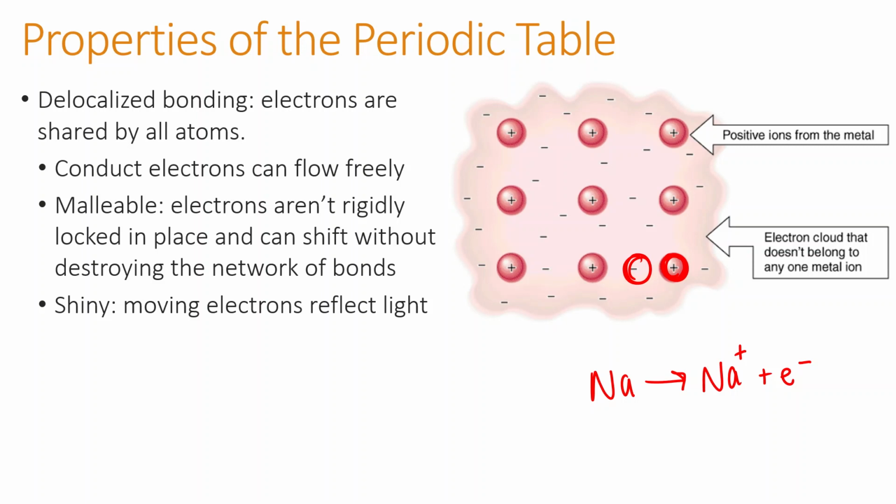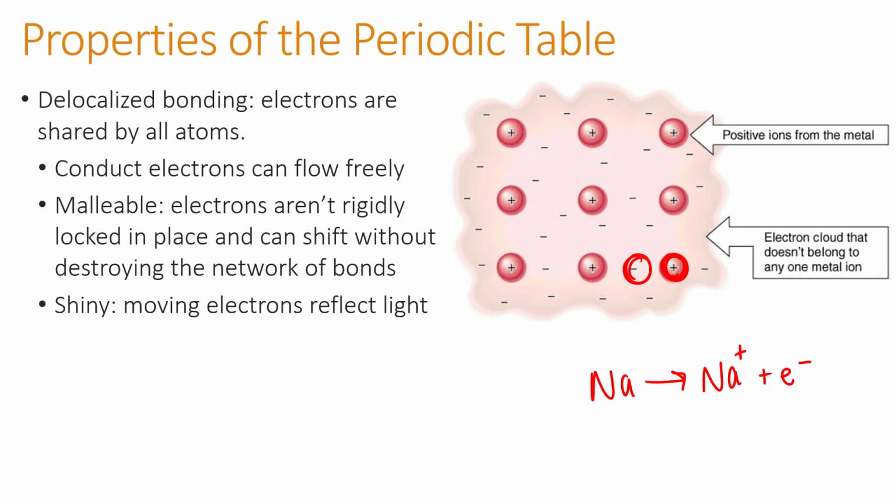So metals have the properties that they have because of this delocalized bonding. So electricity is just a flow of electrons. Metals already have flowing electrons, so they're going to be really good conductors of both heat and electricity. Metals are malleable because the electrons aren't rigidly locked in place and they can shift without destroying the network of bonds that are holding the metal together.